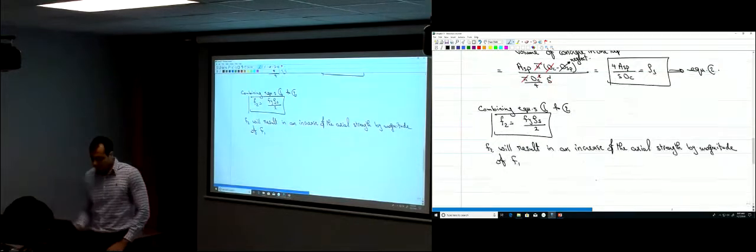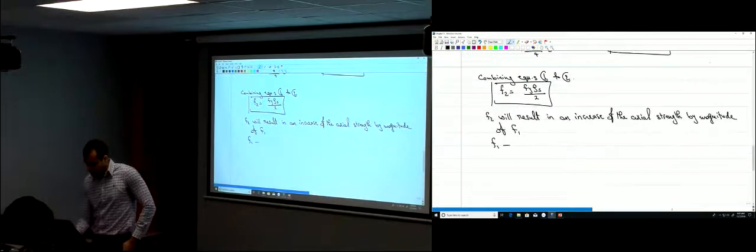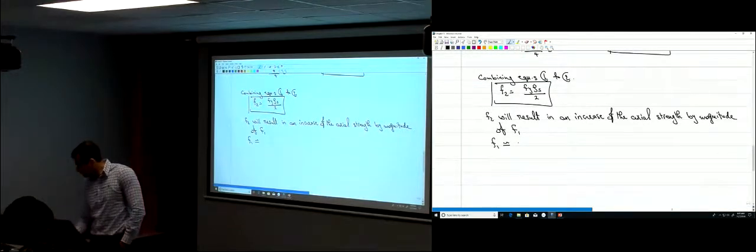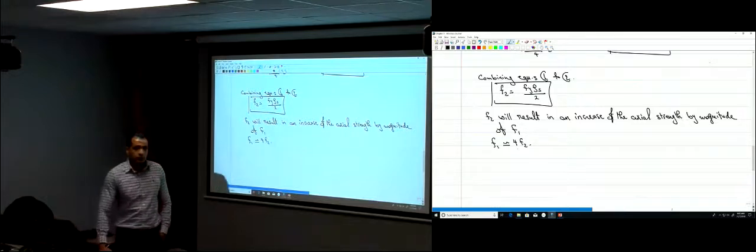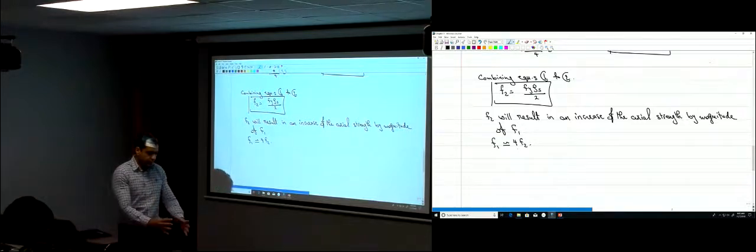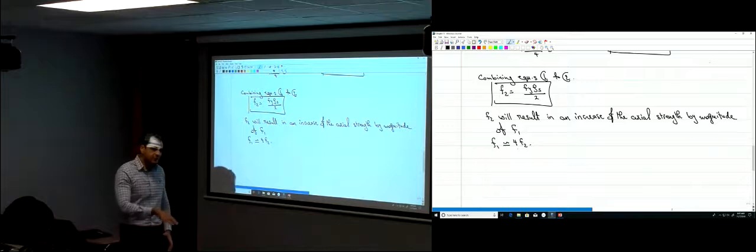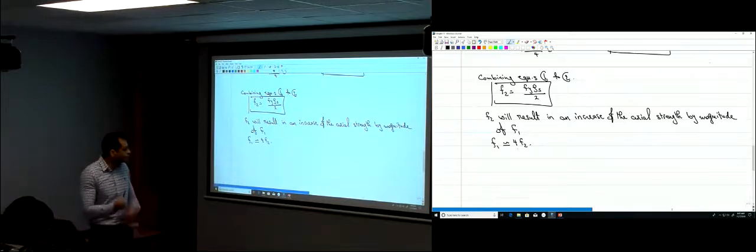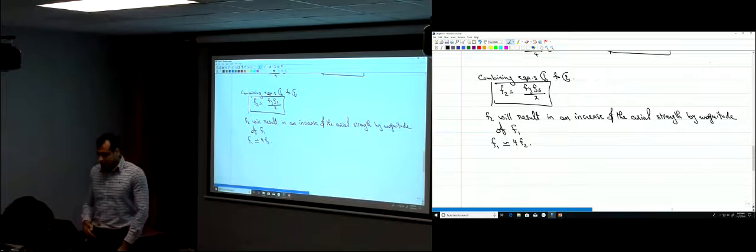F1 is approximately equal to 4 times F2. So you put a confining stress of F2, and the axial strength of the column will increase by 4 F2. So that's great.